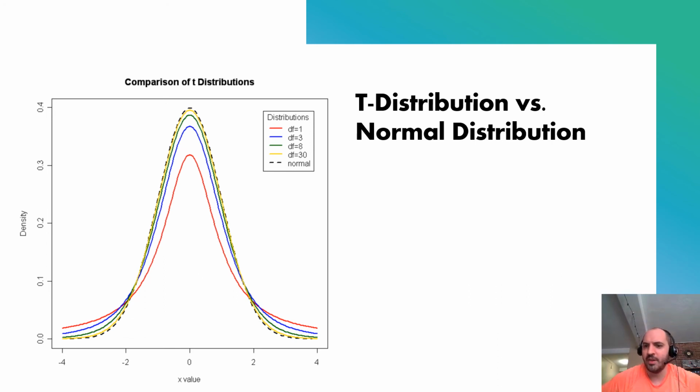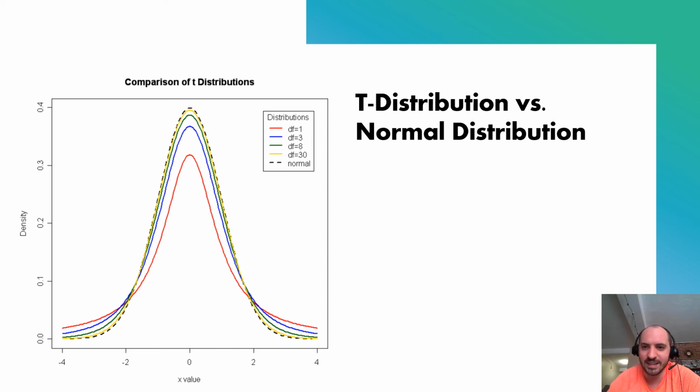So you can think of there being more area weighted in the tails for a t-distribution than a normal distribution. You can see here the lower the degrees of freedom, which relates to our sample size, the shorter and fatter this curve is. The higher the degrees of freedom, the closer and closer our t-distributions get to our normal distribution.